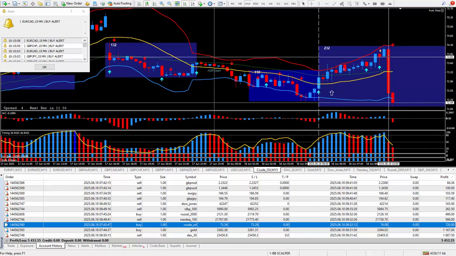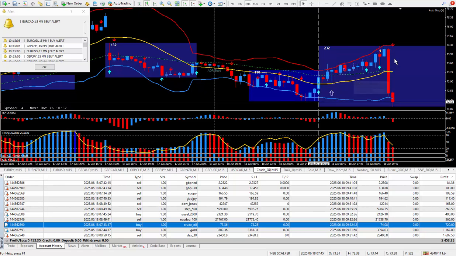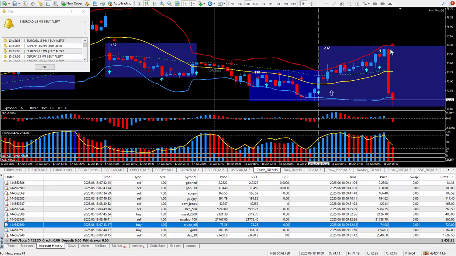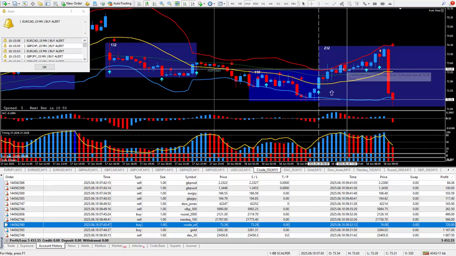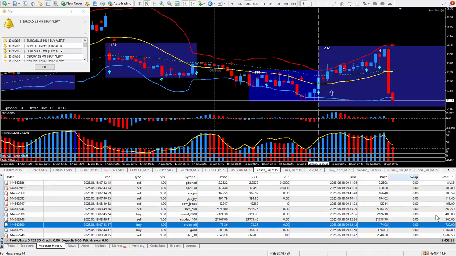And of course, this was the 10 o'clock news. So be aware of high impact news, because just as easy as it could have shot up, it shot down. So closed out the trade to avoid that. Looking for 72. There it is right there, 72 ticks, paying out $720.